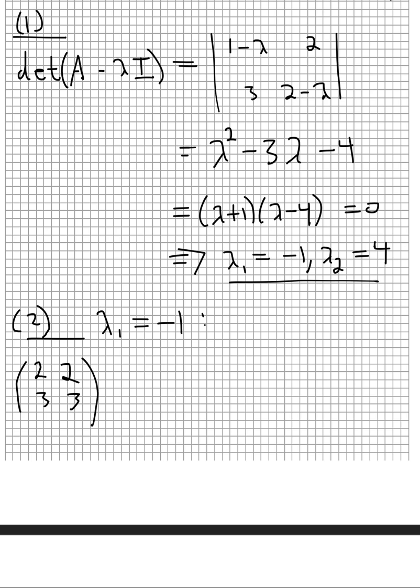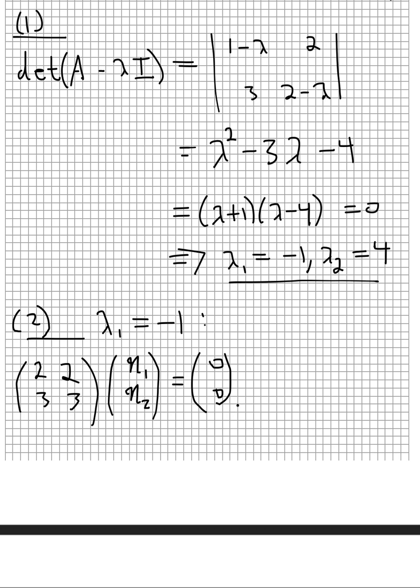And of course, you get that by plugging in negative 1 to the matrix up above. This gets multiplied to nu 1, nu 2. Remember, nu is the eigenvector that we're trying to solve. This all gets set equal to the 0 vector. Let me go ahead and make that 0 just a little clearer.